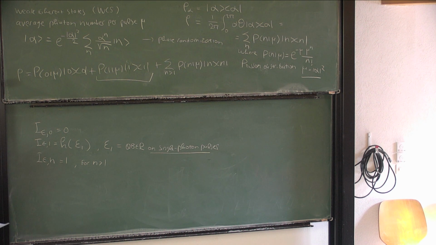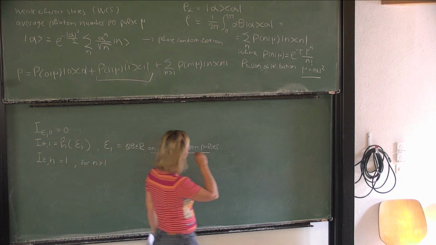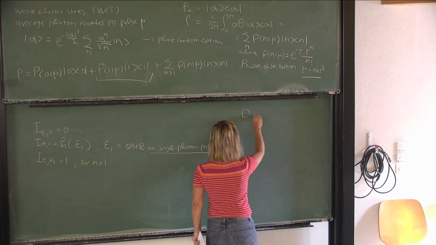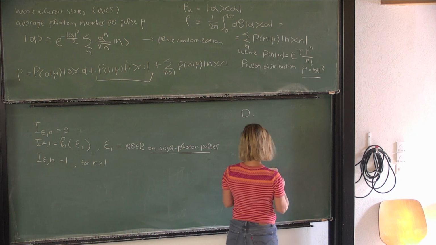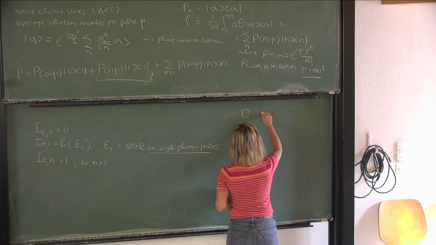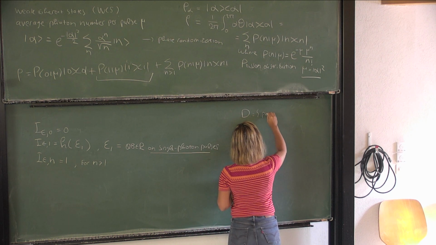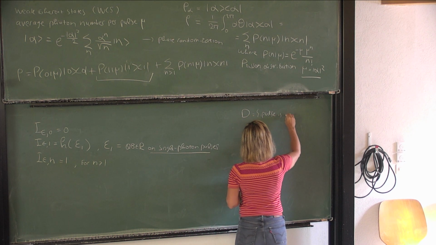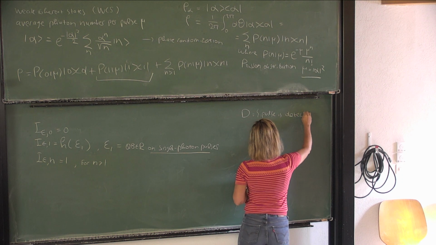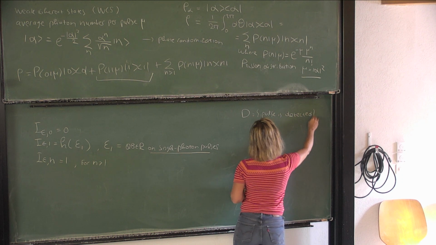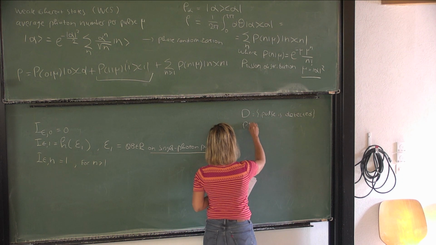So the total information leaked to Eve now needs to be calculated over pulses that lead to a detection. We're going to define this event D, which is a detection event, pulses detected. This is going to happen with some probability.